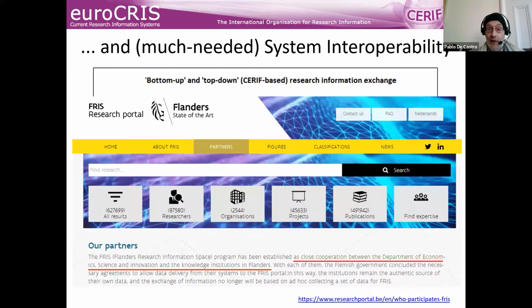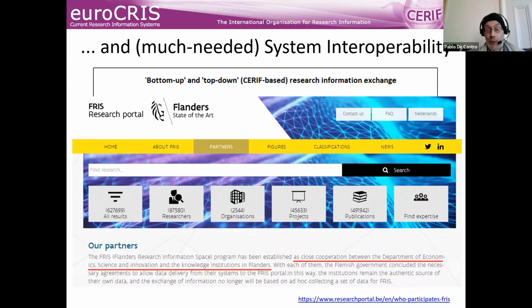An example for this is the FRIS research platform, the Flanders Research Information Space. This is a regional level CRIS in Flanders, in Belgium, in Europe, with a huge number, as you can see on the slide, of entities of information in it: over 85,000 researchers in the region, over 2,500 organizations, close to 50,000 funded projects, and close to 500,000 publications.